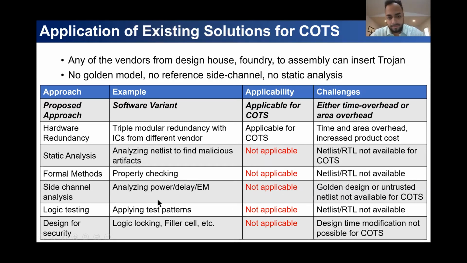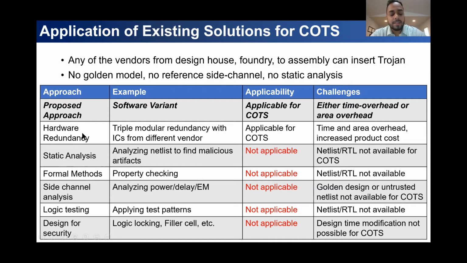All these post-fabrication detection techniques are currently not applicable for COTS. If you look at IP Trojan detection techniques like static analysis and formal methods, these are also not applicable because you are dealing with a fabricated chip, not an IP. And the IP itself is not available as well. So these techniques are not really applicable.